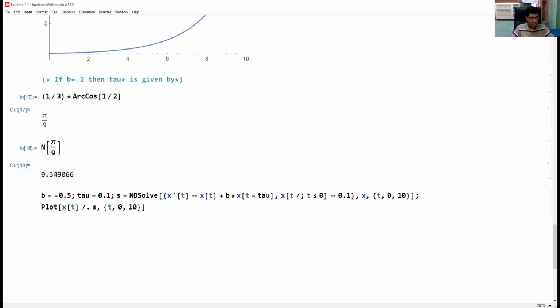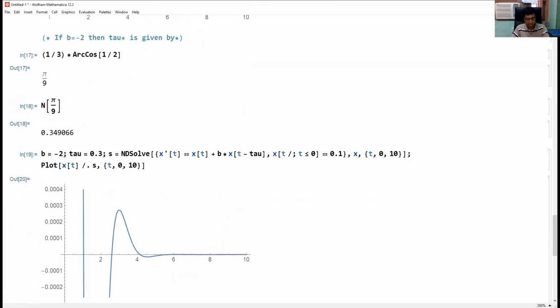We are putting b equal to -2. If we take tau between 0 and 0.349, then we should get stable solutions. Or let us take 0.3. We may take different values. And let us run.